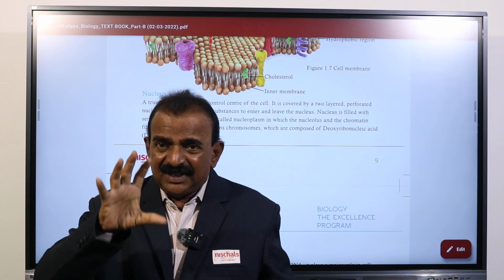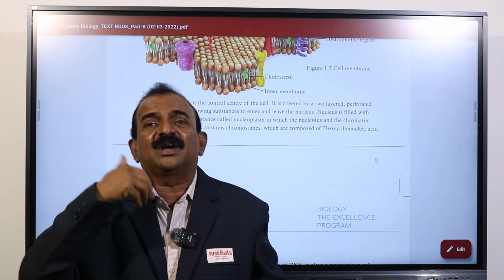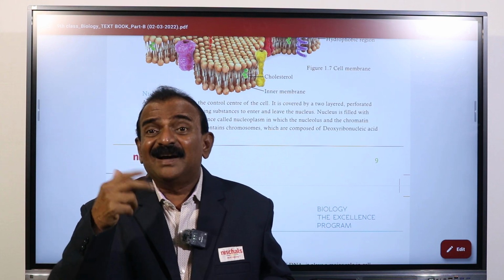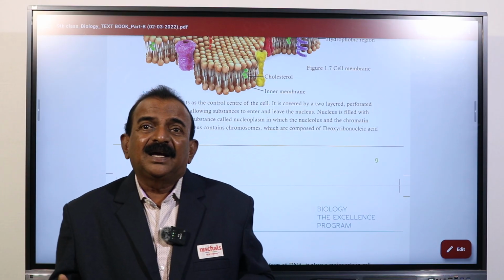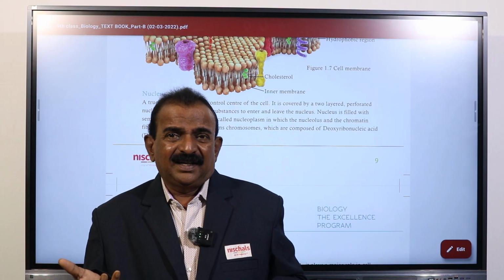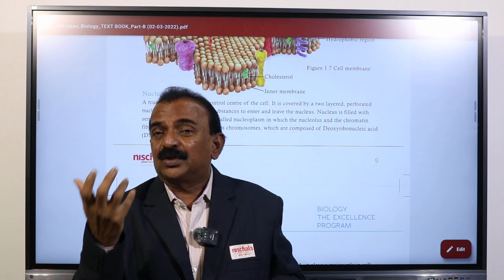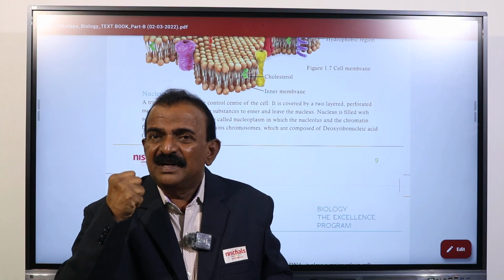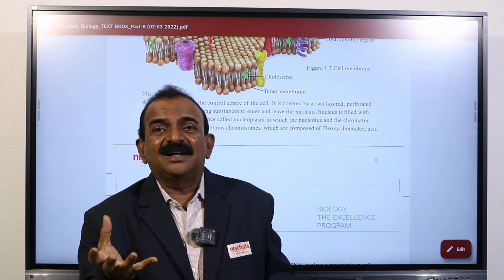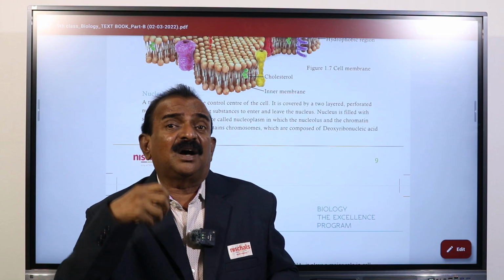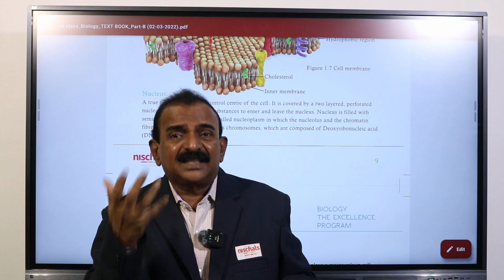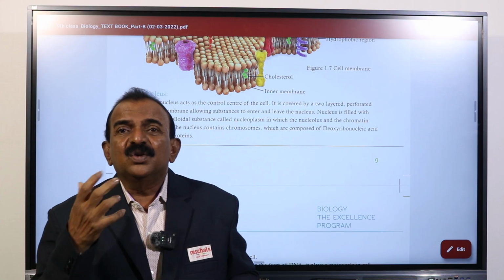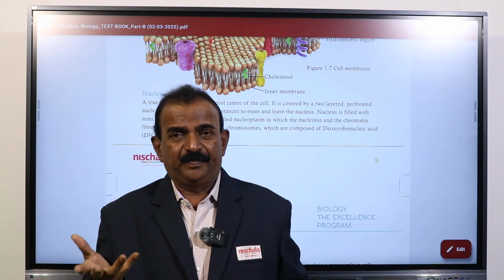Because this nucleus has a nuclear membrane, which is a double membrane structure, and it is perforated and nucleopores are present, and the nucleus controls the functions of other organelles. So it controls all the functions of the cell, and that is the reason the nucleus is called a control room.